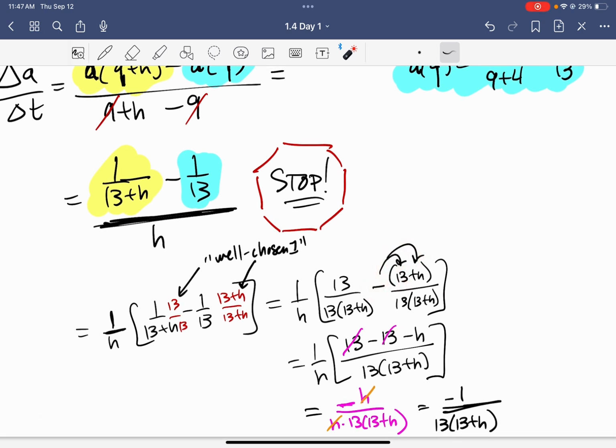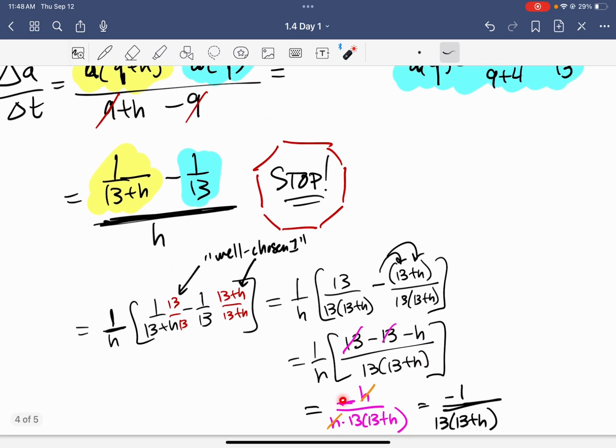The negative hits 13 and makes it negative 13. The negative hits the h and makes it negative h. Why is that beautiful? Because the 13s now cancel out and just give us negative h on top. And why is that beautiful? Because we have an h on top and an h on bottom. Because they're multiplied by the top and the bottom, they can cancel out, and we come up with this final answer.